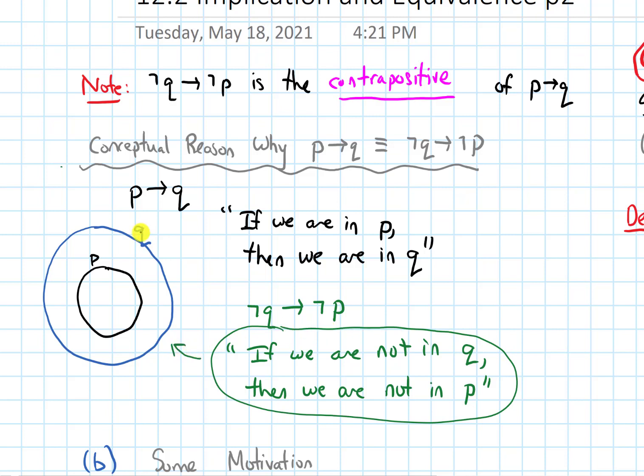Because if I'm not in Q, it means I am outside of the Q circle. And if I'm outside the Q circle, then I'm definitely not in the P circle either. So this green sentence for the contrapositive is describing the same thing as the original implication.